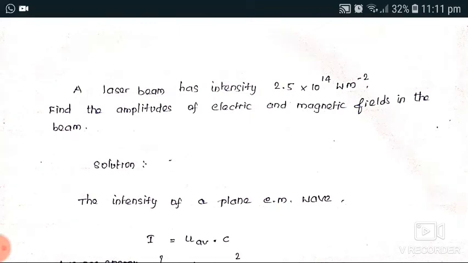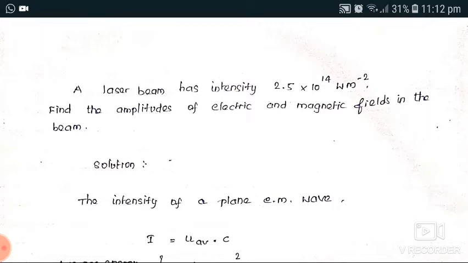Hello friends, our next sum is: a laser beam has an intensity whose value is 2.5 into 10 to the power of 14 W m^-2. Find the amplitudes of electric and magnetic fields in the beam.